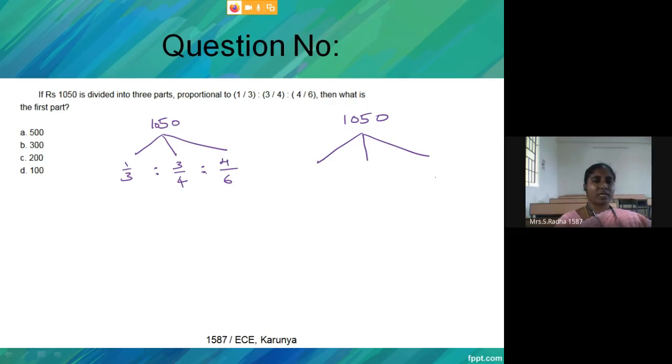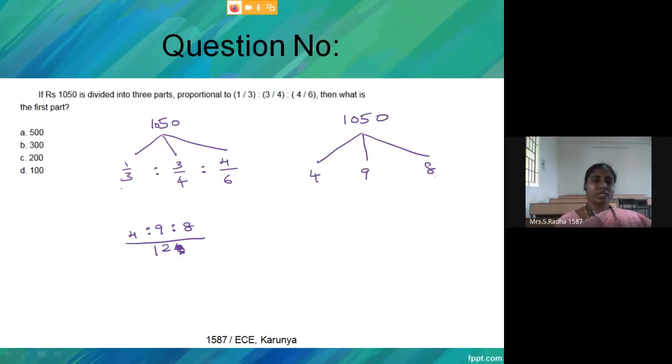I will take the LCM. I will take 12 as the LCM. The numerators will be 4, then here it will be 9 and here it will be 8. So they are in the ratio 4 is to 9 is to 8. We have to divide 1050 in this ratio.